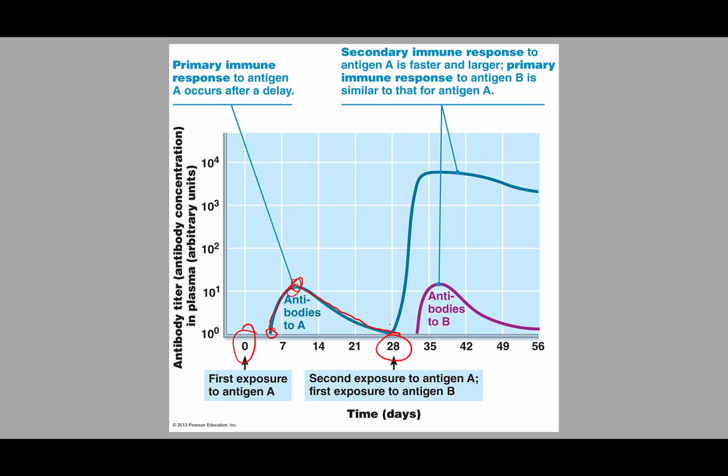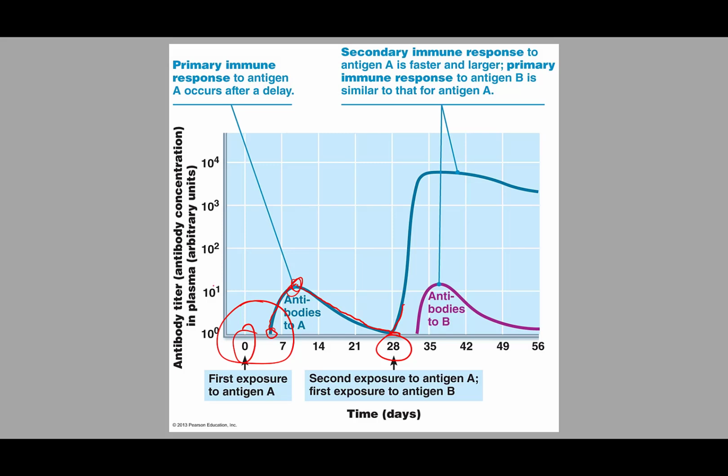The thing that justifies them going to hide is that even though they were not active in the original fight, they are ready to fight. They do not have to go through this delay. They are ready to immediately start pumping out antibodies. As soon as they encounter the pathogen, they start to make antibodies.